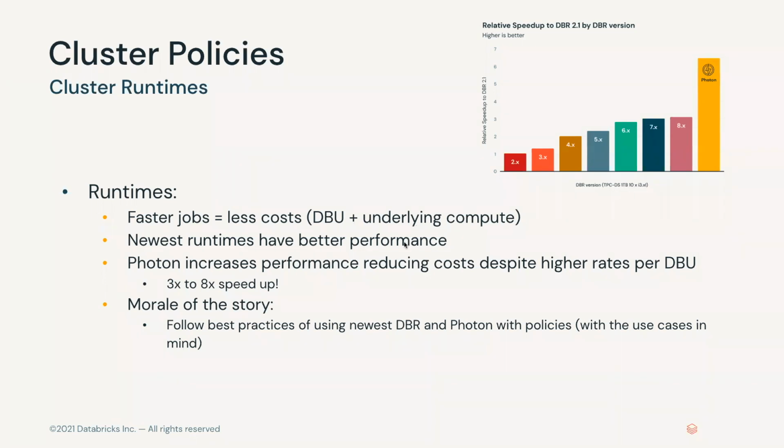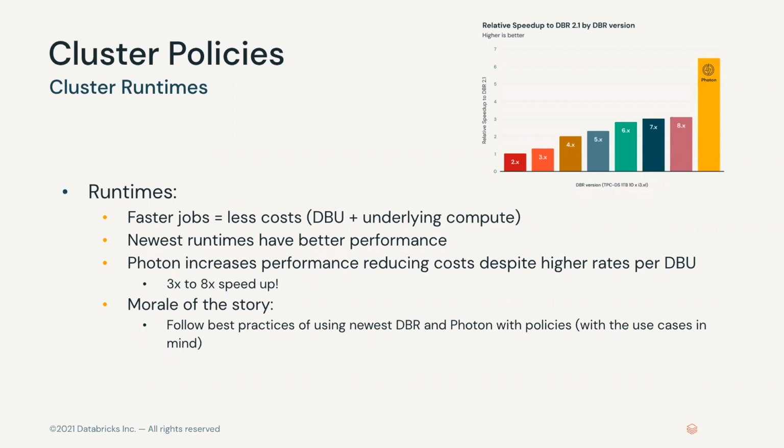And that's where Photon also comes into play, where you can enable Photon. Photon is especially valuable when you're running batch jobs or even streaming jobs, and you want them to finish at a certain time, where maybe Photon has a different rate in terms of GPU costs, but because it has such a faster speed up, it's typically valuable to use Photon over not using it.